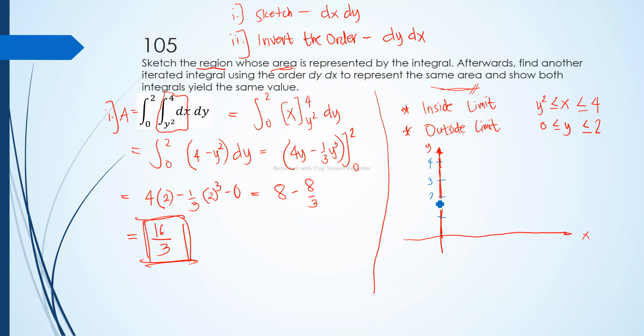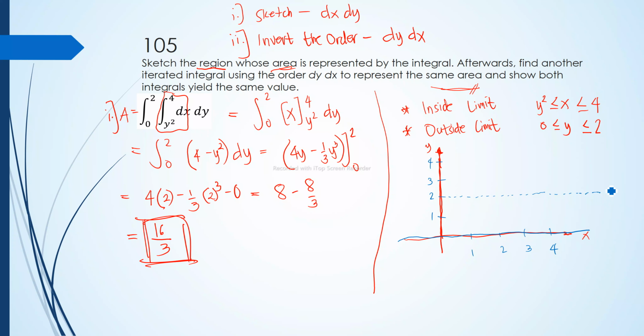For the outside limit, y is equal to 0, so our first boundary is the x-axis. And then y is equal to 2, so this is our second boundary for the outside limit.